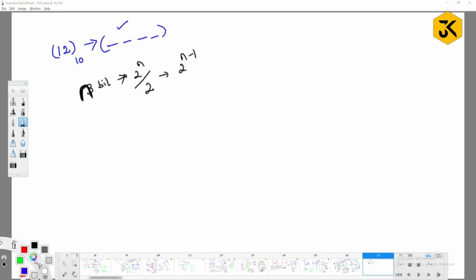So with respect to this concept, if I have a number like minus 3 in decimal, which is in 2's complement representation, how many minimum bits are required?